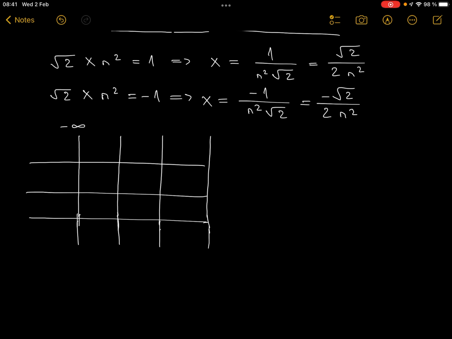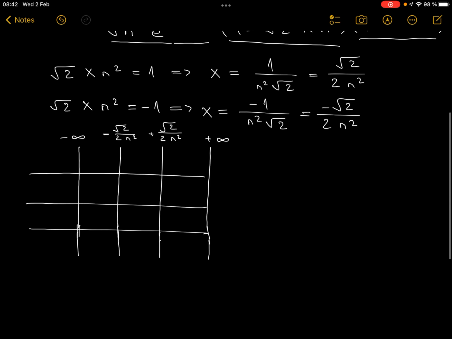Here we've got negative square root of 2 over 2n squared. Here we've got positive square root of 2 over 2n squared. And here we've got positive infinity.